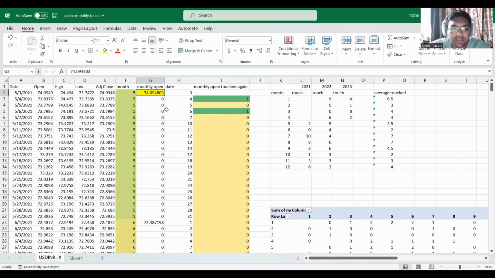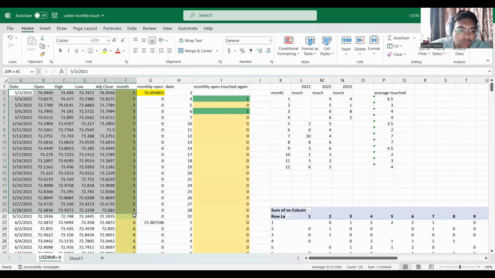The basic property of USD INR has been an upward trending market for the previous, let's say, 30 to 40 years. So I will explain my analysis from the month 5th in 2021. The monthly open was 74.09.